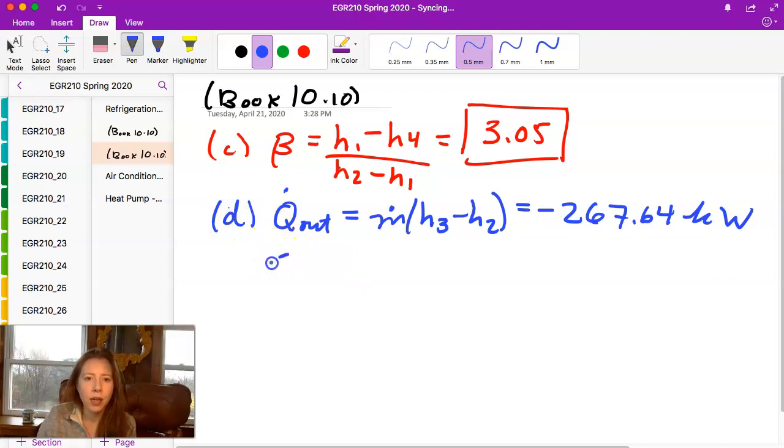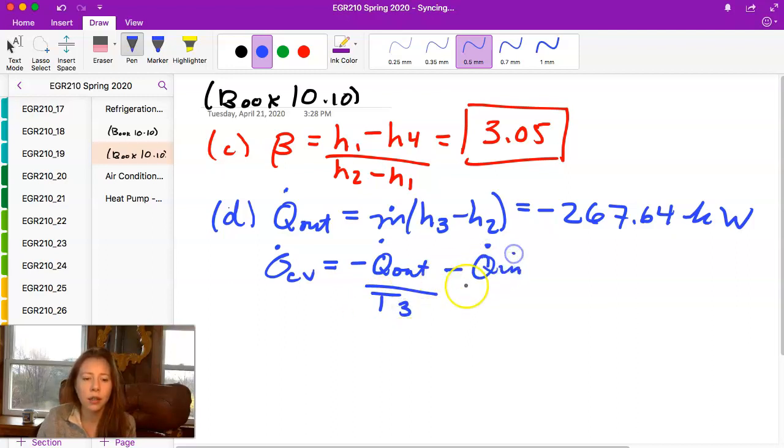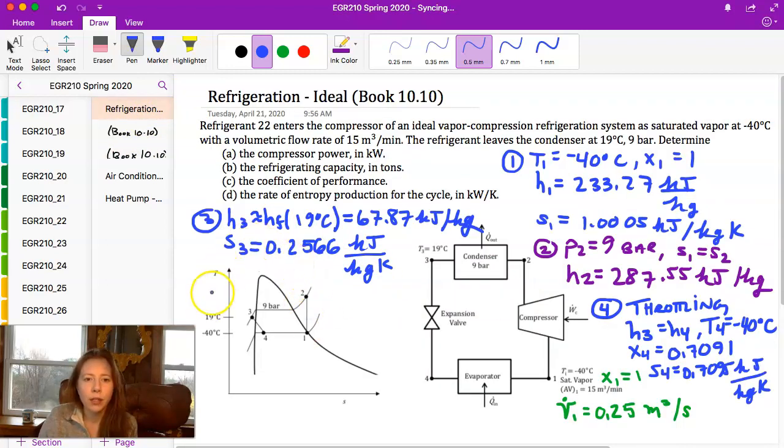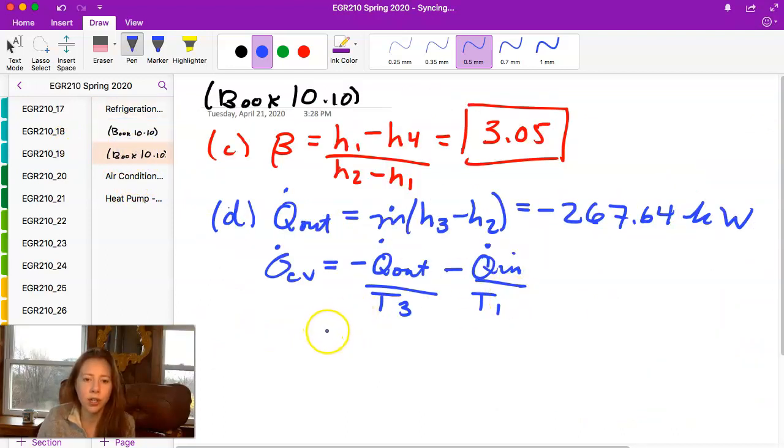And so the entropy production for an ideal vapor compression refrigeration cycle is given by minus Q dot out over T3 minus Q dot in over T1. Okay, and so just remember T3 is our 19 degrees Celsius and T1 is our minus 40, and we have to convert them to Kelvin in order to use these ratios.